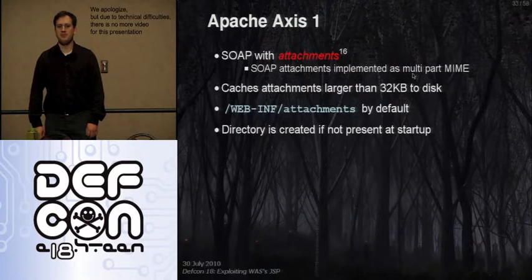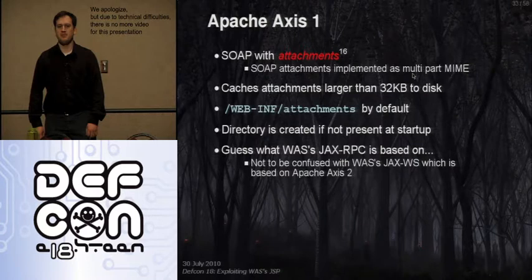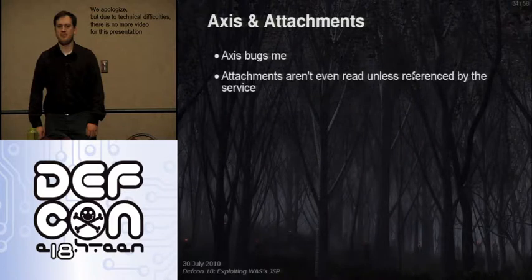So this directory is created if not present at startup, and guess what WAS's JAX-RPC implementation is based on? But not their JAX-WS implementation, which is of course based on Axis 2 instead. So Apache Axis actually has some interesting bugs that make this less true than you would think. It's very good at optimizing how it reads in attachments from the network.